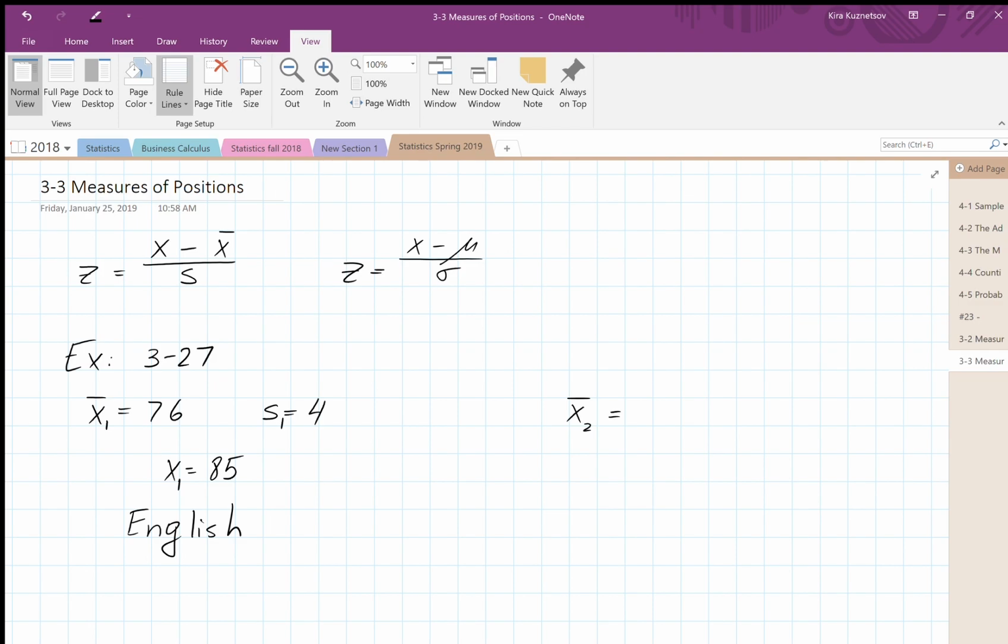She also scored 42 on the French test. So my x2, the score that she actually had, was 42. This is French. But the mean is much lower, it's 36. And the standard deviation is 3.